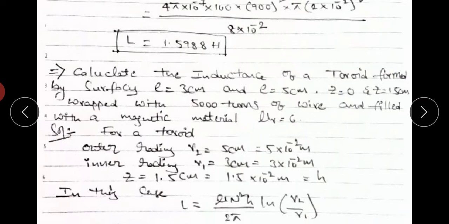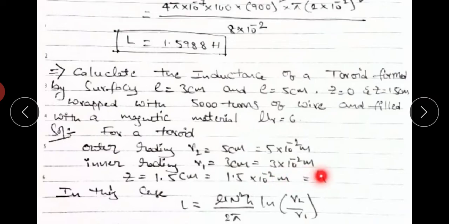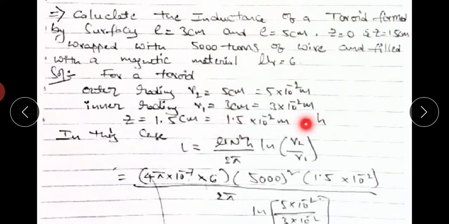So it is the height of the toroid, or h equals 1.5 into 10 to the power of minus 2 meters. This is 1.5 centimeters, so in terms of meters, 1.5 into 10 to the power of minus 2 meters.